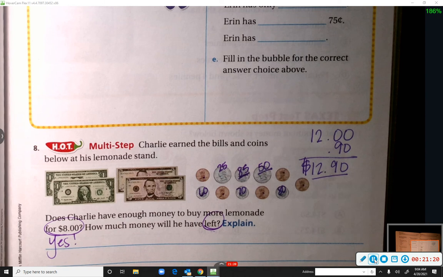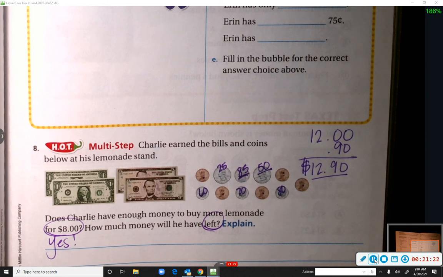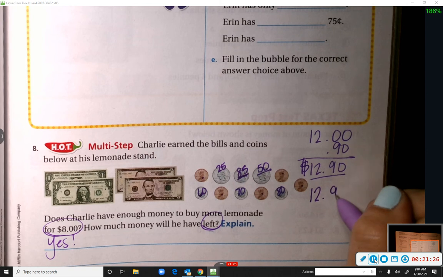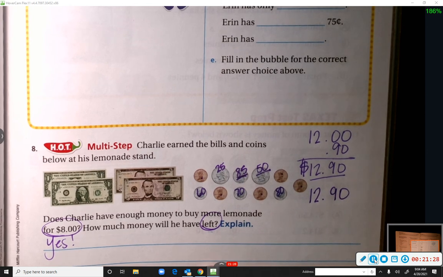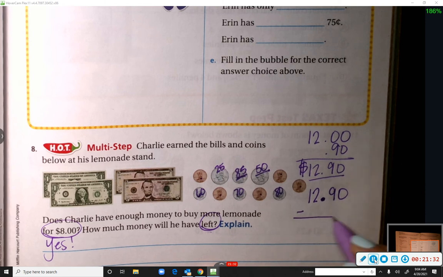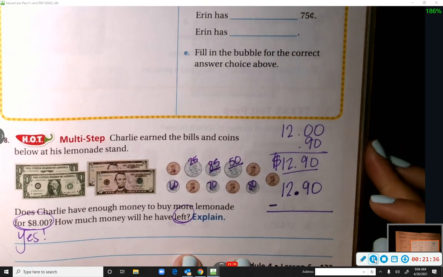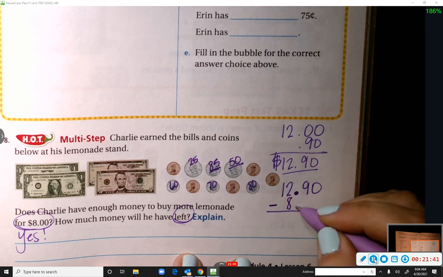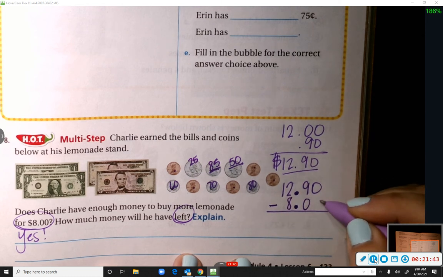So what does that mean we need to do now? Subtract. So I'm going to take $12.90 and subtract what? $8. So if I'm subtracting $8, where does that need to be lined up? The 8 needs to go where the 2 is. Good. The 8 needs to go underneath the 2. And then 0, 0.